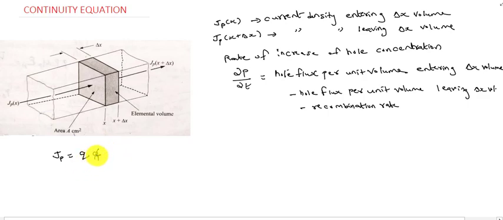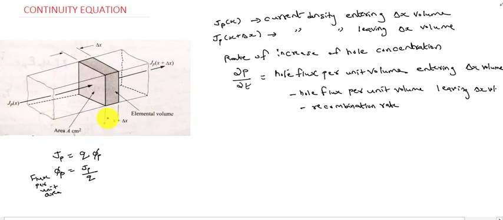So we can define phi p as Jp by q. What is phi p? Phi p is the flux per unit area that we have studied in deriving the diffusion current density.